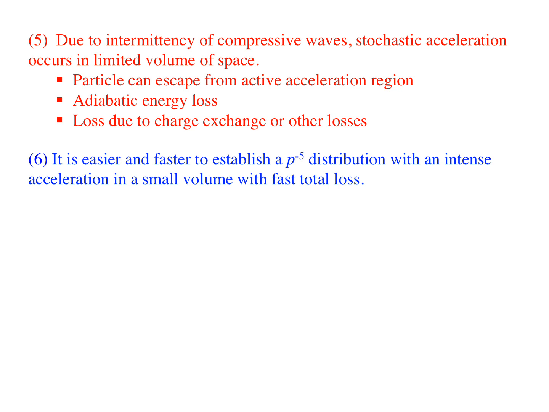Then the particles will establish a spectrum with stochastic acceleration by compressible turbulence. In the end, it is easy and faster to establish a p to the minus 5 spectrum if we start with enough plasma turbulence.